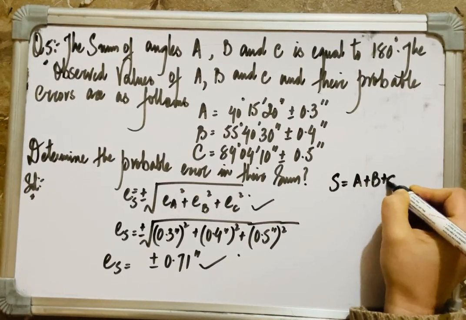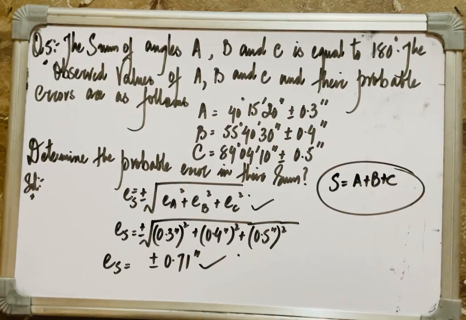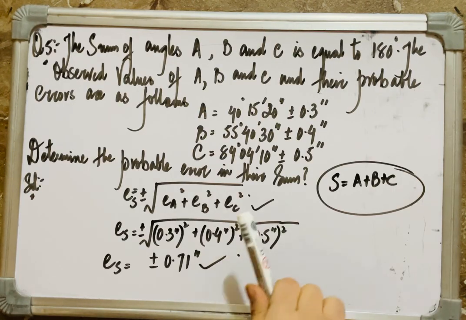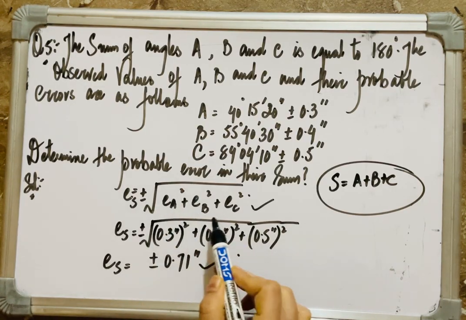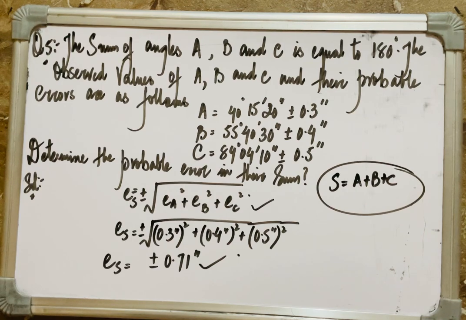By using the general expression for the propagation of the standard errors, or probable errors in this case, the probable error in the sum is equal to the square root of the summation of the squares of the probable errors in each of the angles. By calculation, the probable error in their sum came out to how much? Plus minus 0.71 seconds.